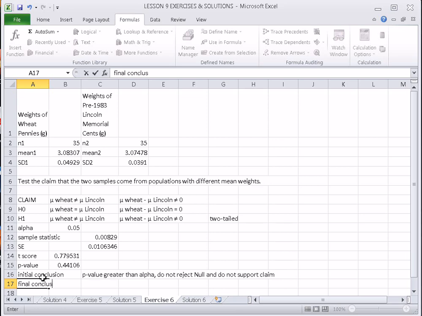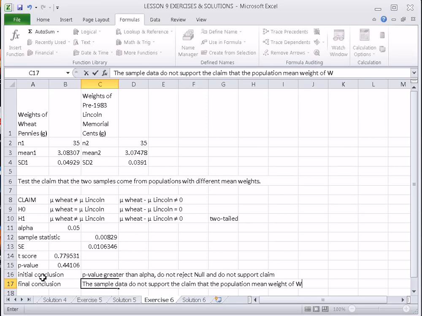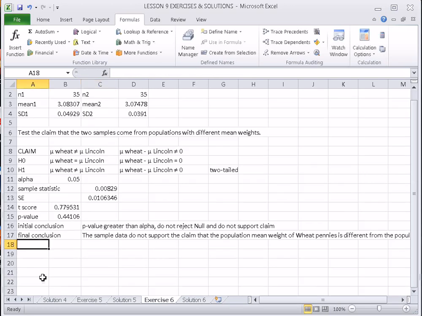So the final conclusion is the sample data do not support the claim that the population mean weight of wheat pennies is different from the population mean weight of Lincoln cents.